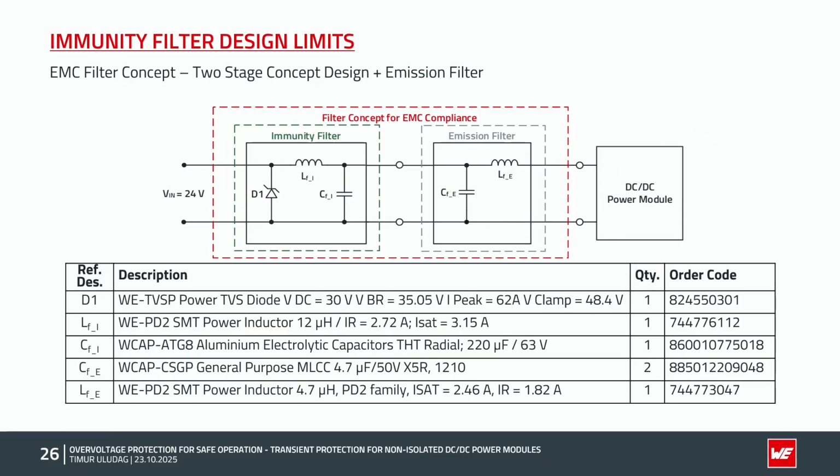Normally now the first fingers will raise, yeah, but there I need two filter stages or two filters, an immunity filter and an emission filter. Yes, of course, it is possible to merge this LC filter and this LC filter to have only one LC filter that is somehow sufficient, first for the immunity protection and second to make enough damping for the emission.